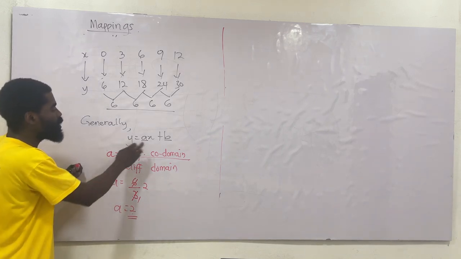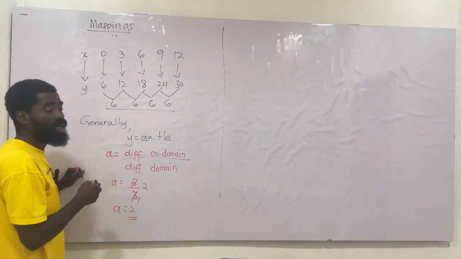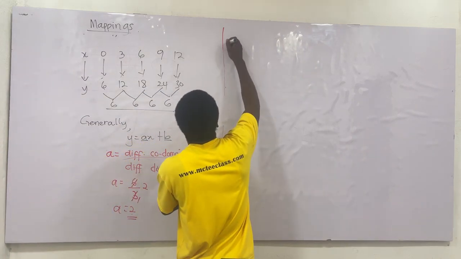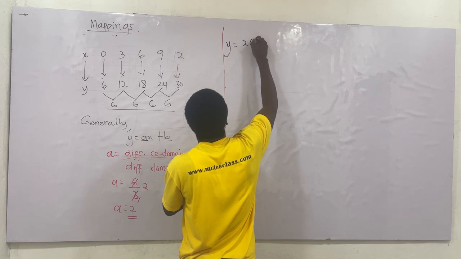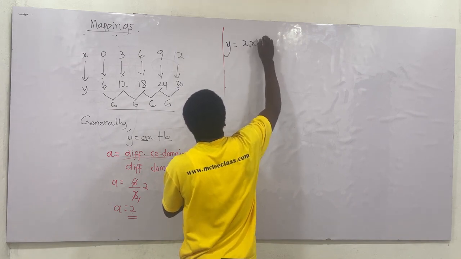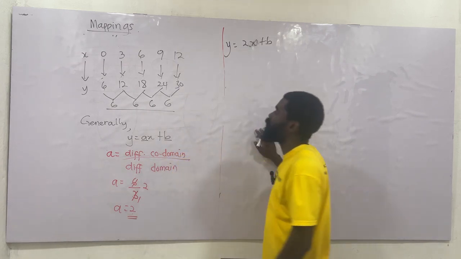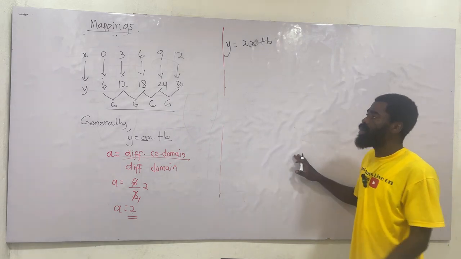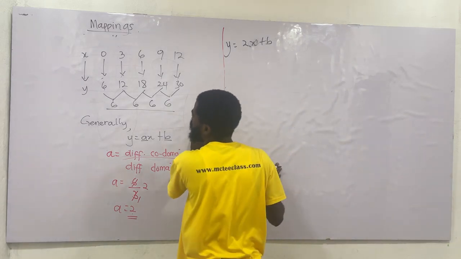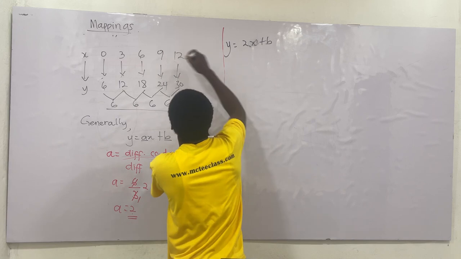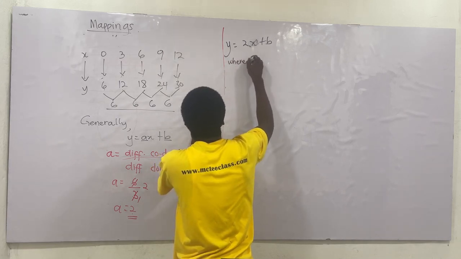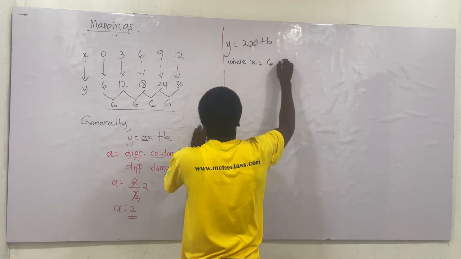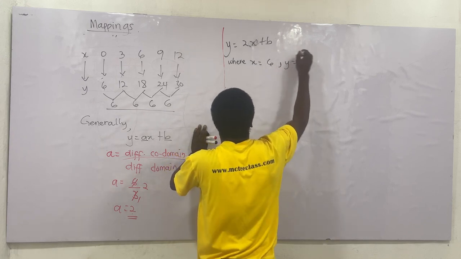I'm going to fix that into this relation to give me the first part of the rule. So I'll get y equals 2 into bracket x, or 2x plus b. Now we have to find b. How do we find b? Choose any corresponding values. Let's choose 6 and 18. So where x equals 6, then y equals 18.